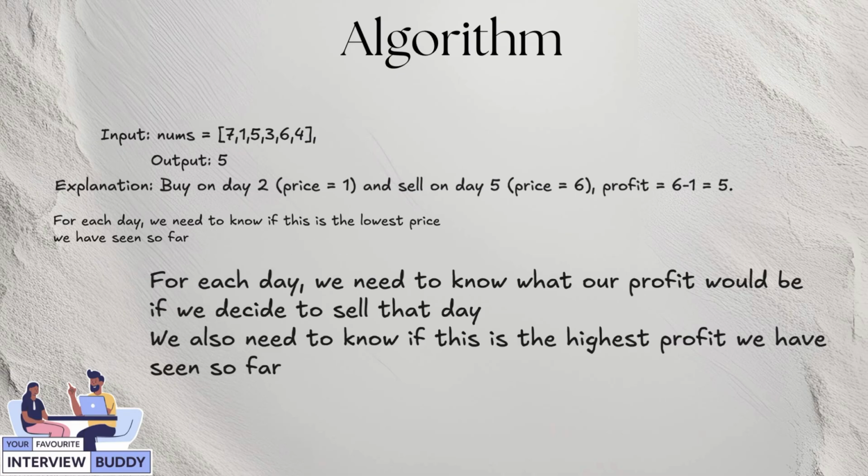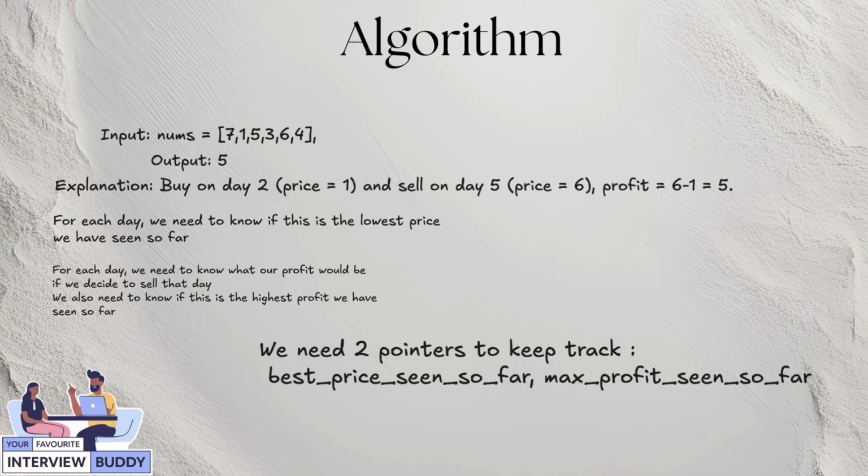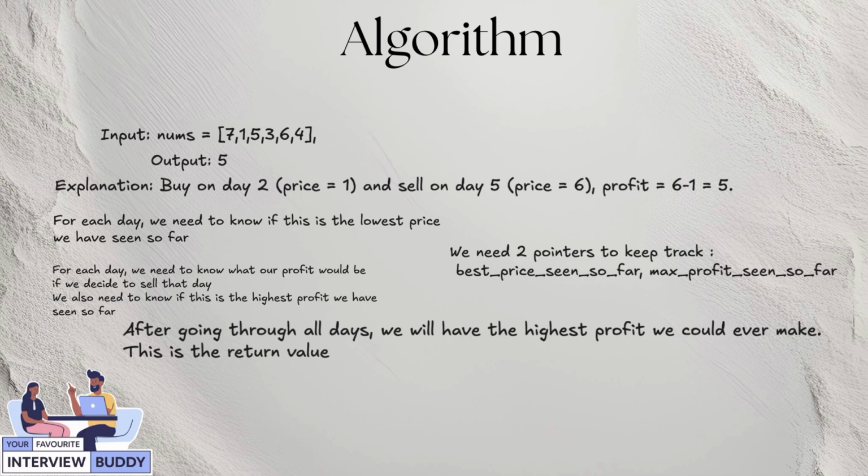Then we also need to keep track of the maximum profit we have seen so far if we decide to sell on that particular day. We need two pointers to keep track of both pieces of information: the lowest price seen so far and the maximum profit we have seen so far.